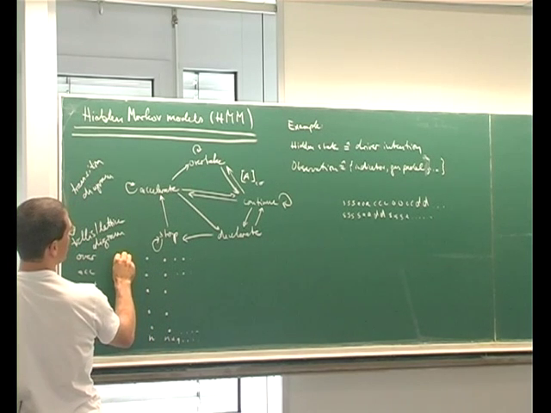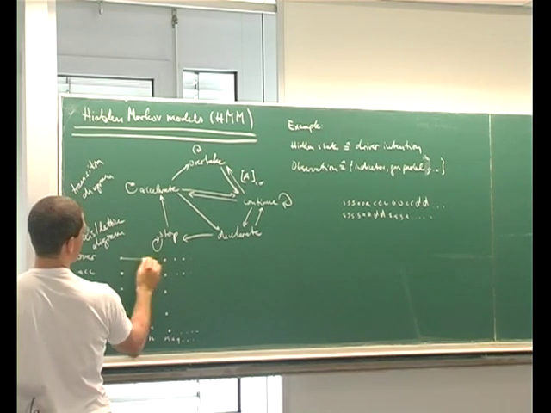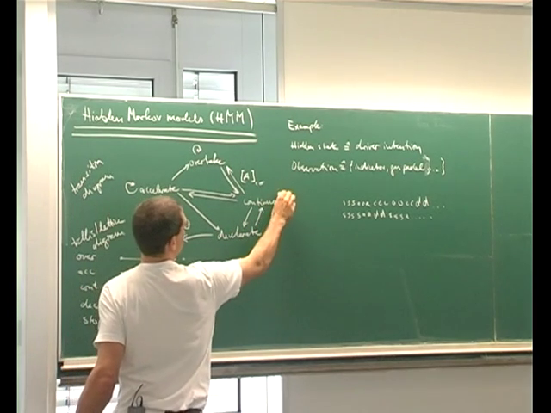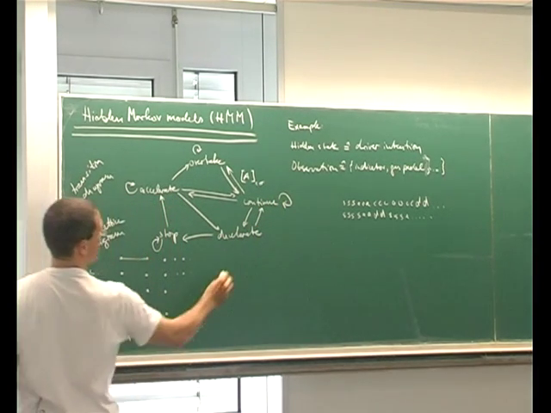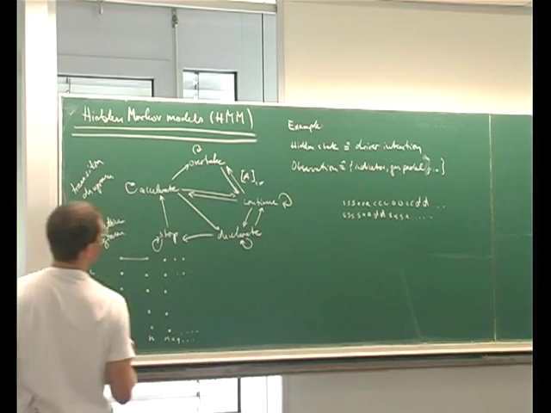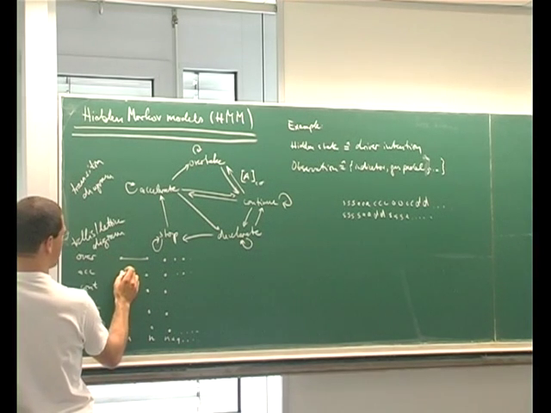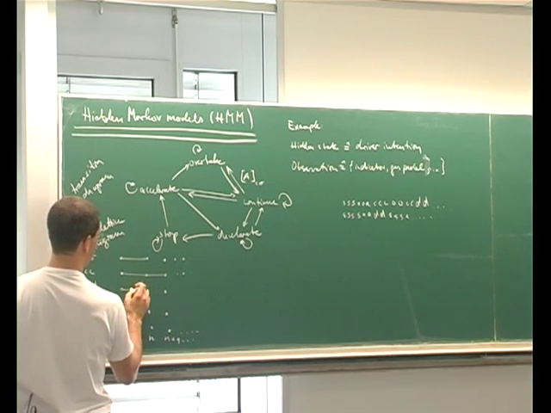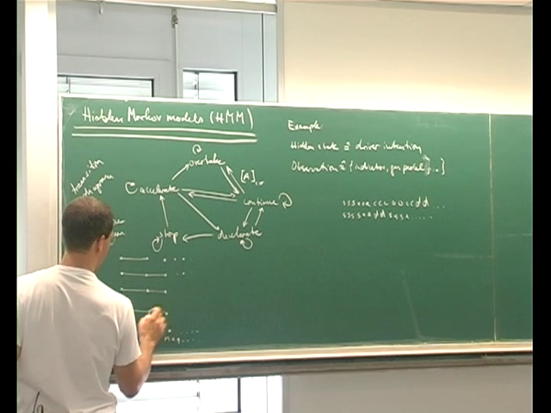From overtaking, I could either continue to overtake. So in each of these states, I have these self loops. Those are easiest. These self loops in this picture are just straight lines.